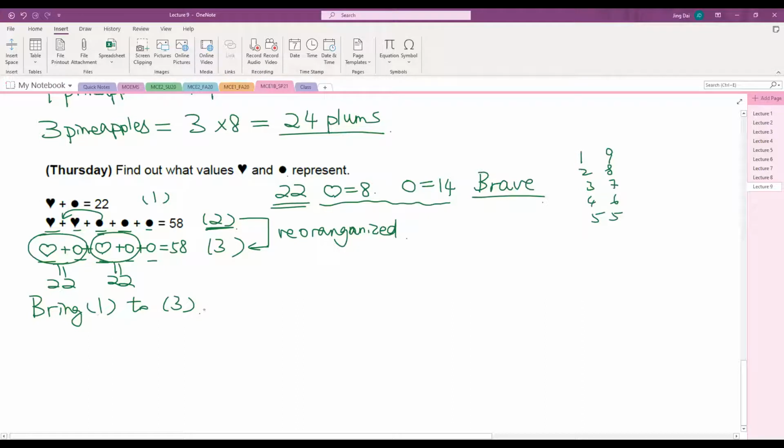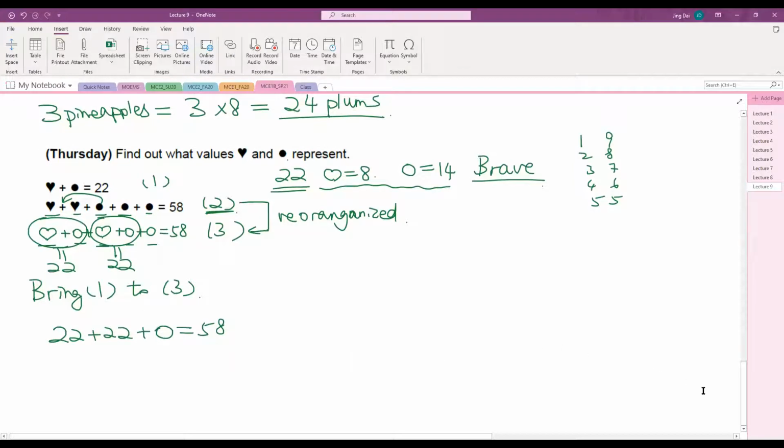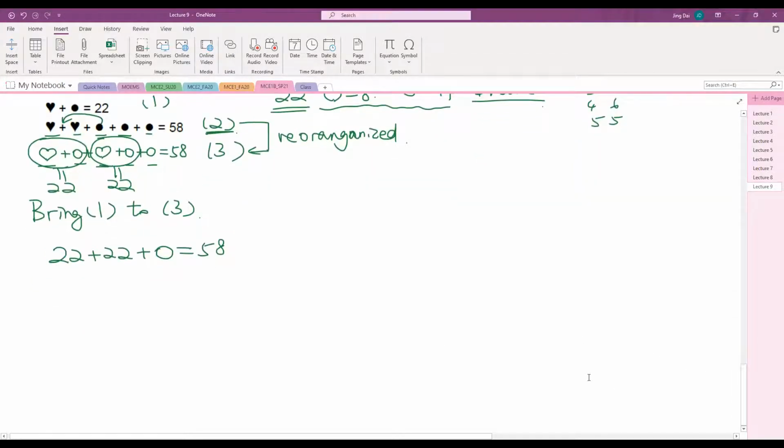And then we bring 1 to 3, and that just becomes 22 plus 1 circle equals 58. Then Jessie, what do we do from here? Then you do 58 minus 44. Okay, then we do 58 minus 44. That would give us 14, right, Jessie? So the circle is 14.